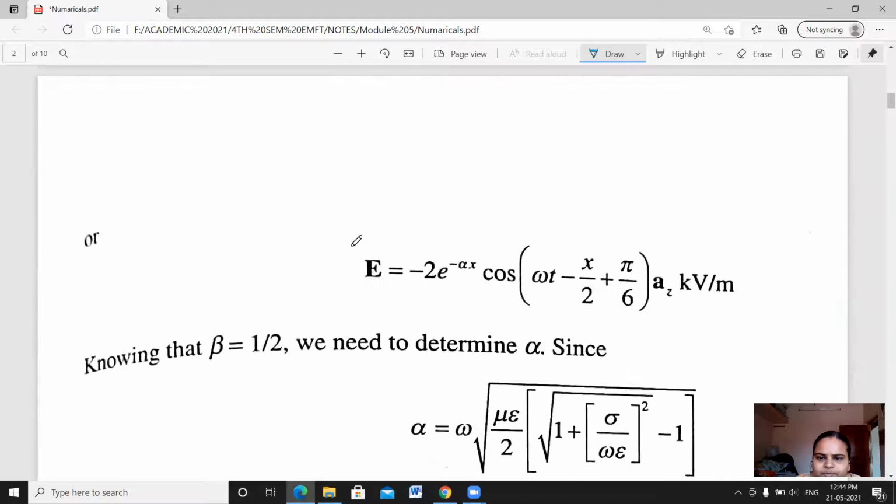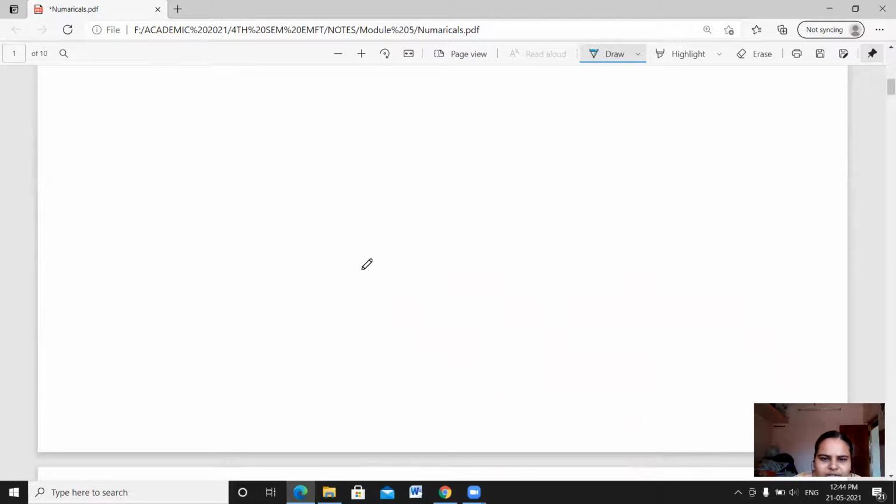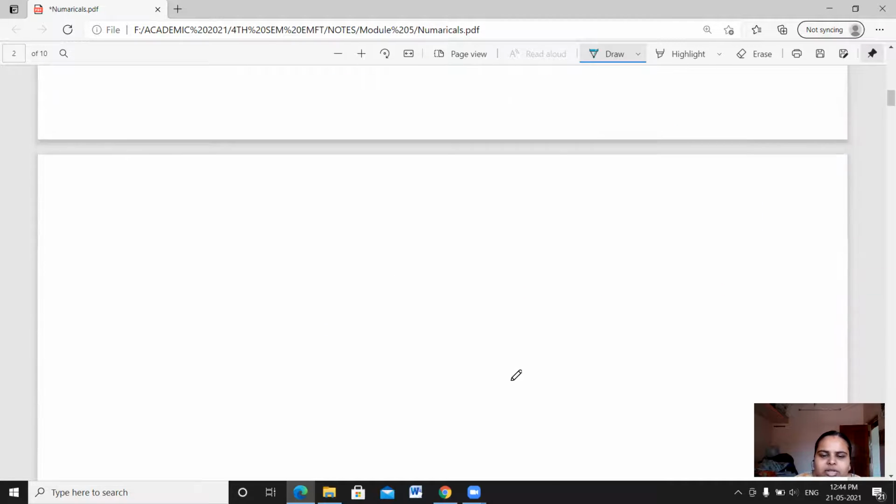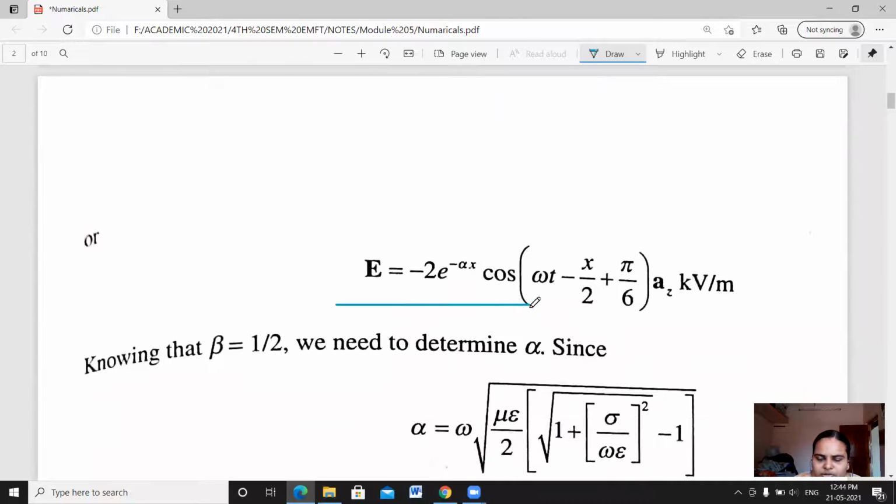This will be somewhat confusing, so I prefer to write the equation as E equals minus 2 e raised to minus alpha x cos(omega t minus x by 2, that is beta x, plus pi by 6) in the aZ direction. Here instead of 2000, it is taken as 2 kilovolts per meter.